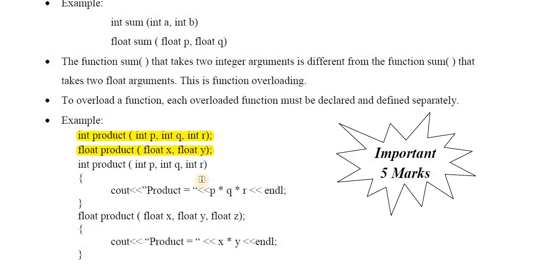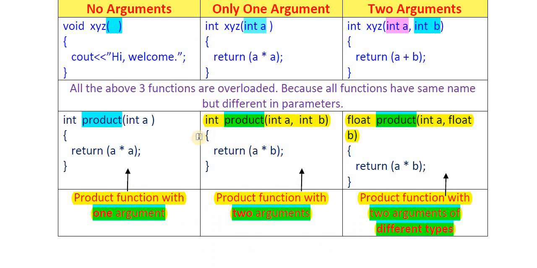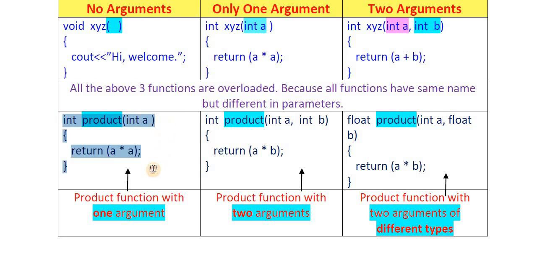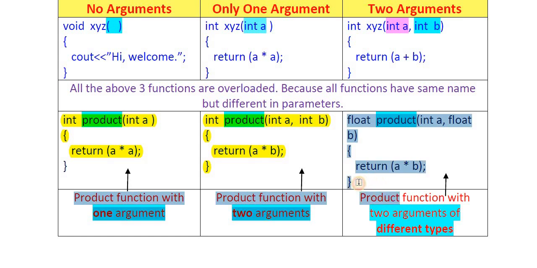So you can use these 2 functions, or you can select these simple functions. Here small functions are given like integer product. Here only 1 parameter, here 2 parameters, here also 2 parameters but different data type. So minimum you have to write 2 functions with body as an example of overloaded functions.